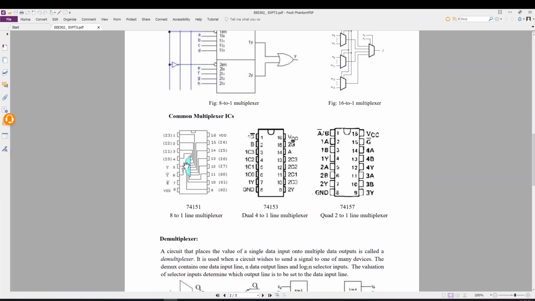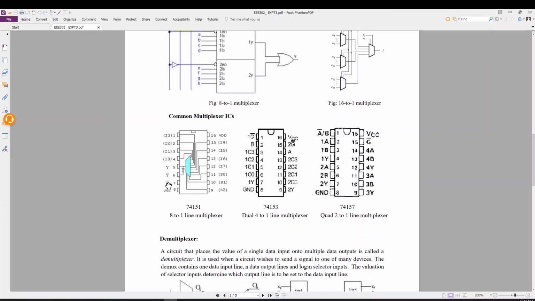You can see over here there is an inverter, and in a real scenario, all multiplexers or demultiplexers have an enable pin. This enable actually enables the output. You always have to connect this E pin to the ground.